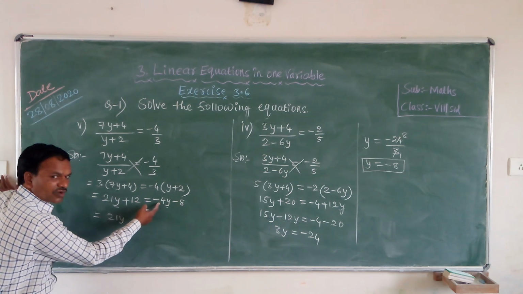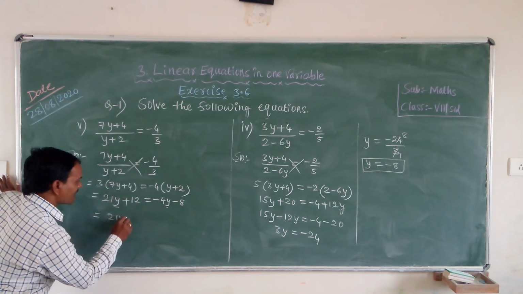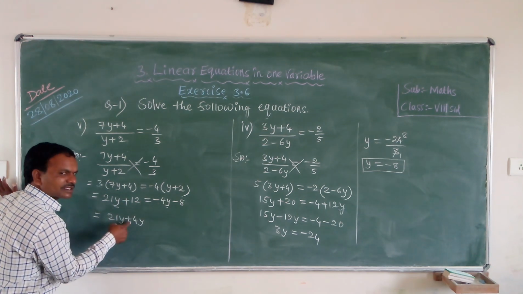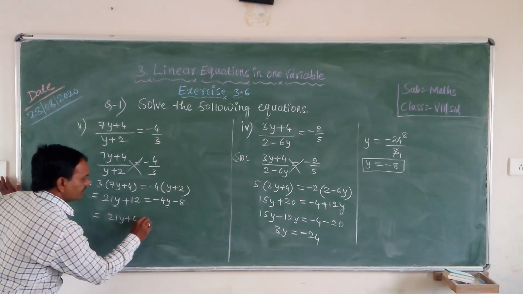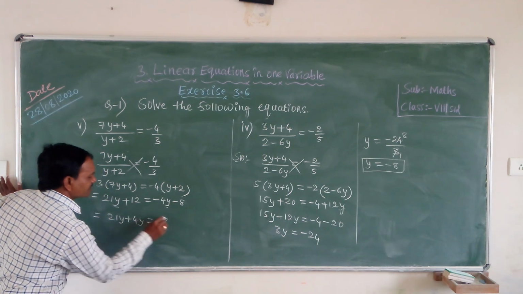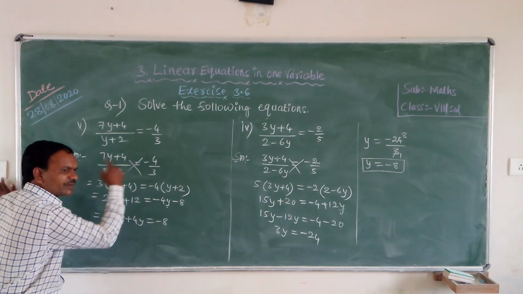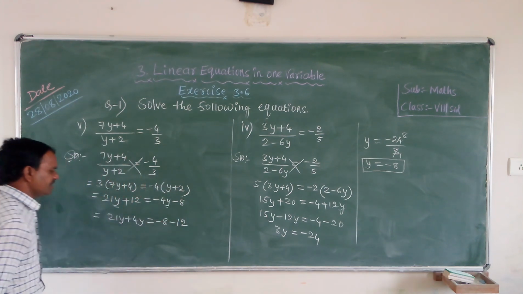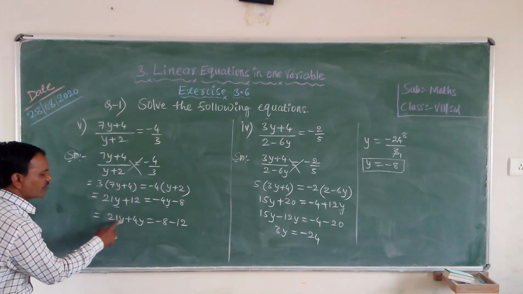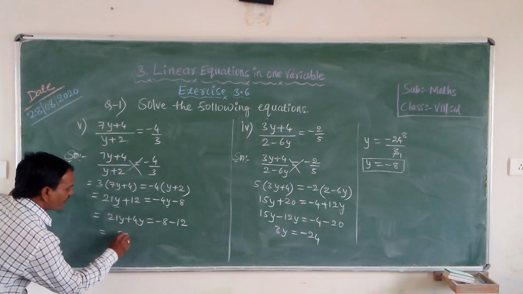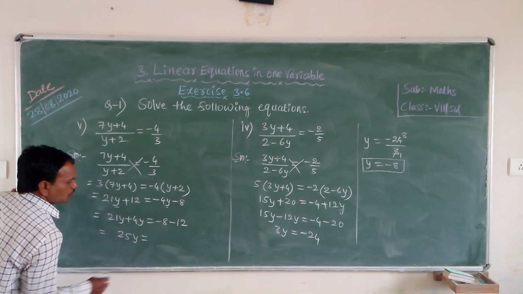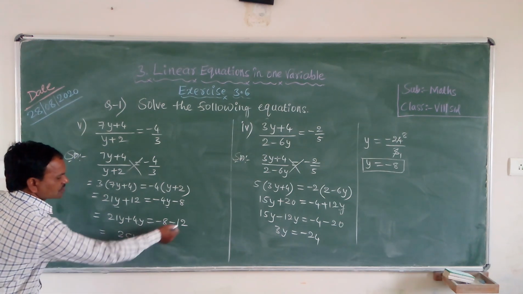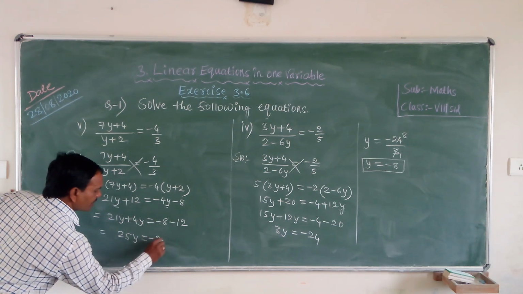21y minus 4y is there, transferring to the LHS side, plus 4y. When you transfer to the LHS it becomes plus, is equal to minus 8 is there, plus 12 is there, transferring to the RHS side, plus becomes minus 12. So 21y plus 4y, 25y, is equal to minus 8 minus 12, both sides have the minus sign, so 12 plus 8, 20.